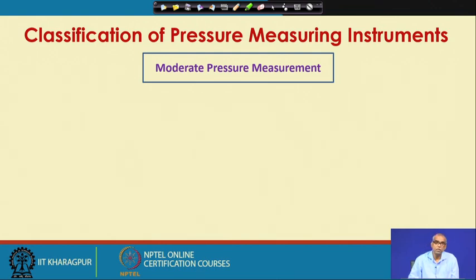What are the various pressure measuring instruments that are available under moderate pressure measurement? Most chemical process operations occur at moderate pressures. So, there must be various pressure measuring instruments which are able to measure moderate pressure.